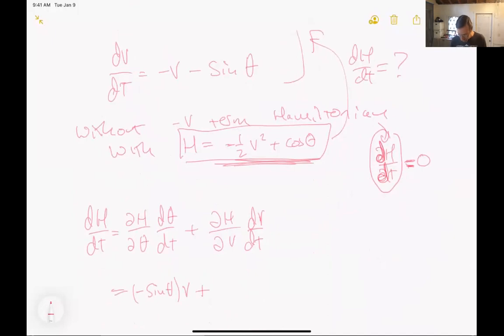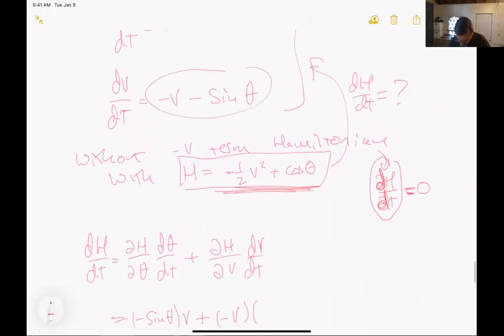Plus partial of h with respect to v. Well, the derivative of minus 1/2 v squared with respect to v is negative v, times dv dt, which is minus 1. Oops. No, right. Sorry. I got to go back up top. Here's dv dt.